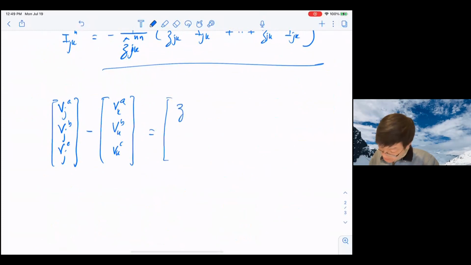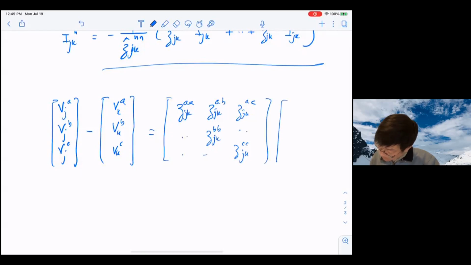Let's call this Z_jk^AA, Z_jk^AB, Z_jk^AC, and so on, BB and CC, right? And then the phase currents only.